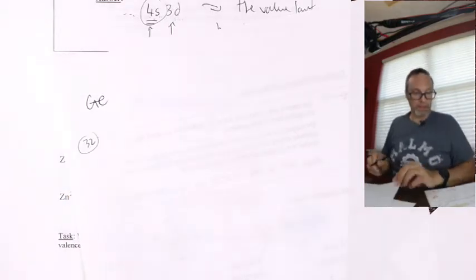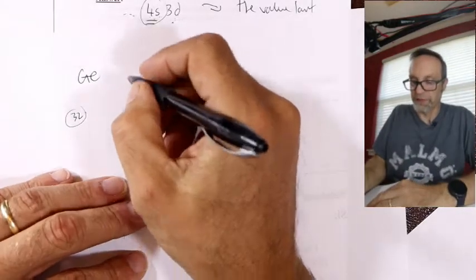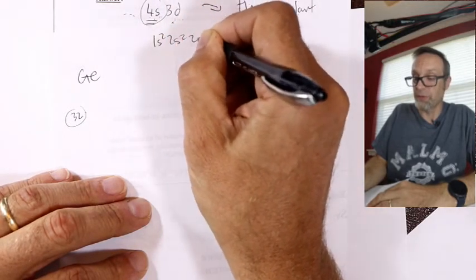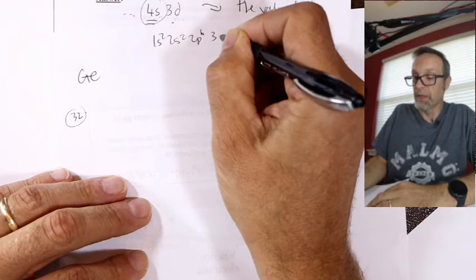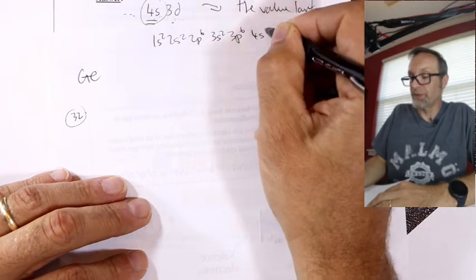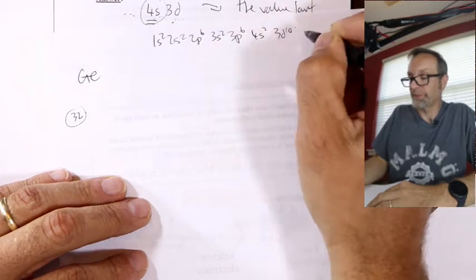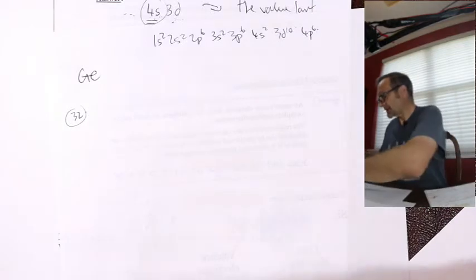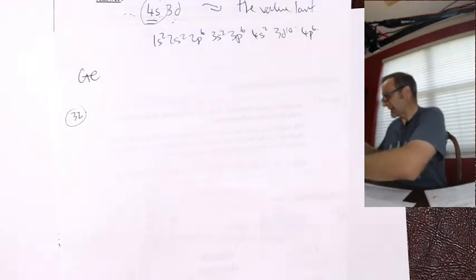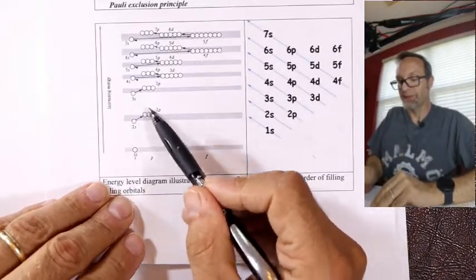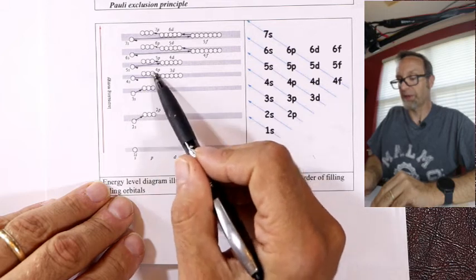So the order of filling is 1s2, 2s2, 2p6, 3s2, 3p6, 4s2, 3d10, 4p6. Now how do I know that? Because I'm just glancing back to my order of filling chart, okay? So 1s2, 2s2, 2p6, 3s, etc., right? And I keep going up.